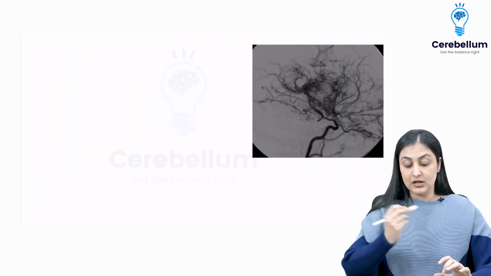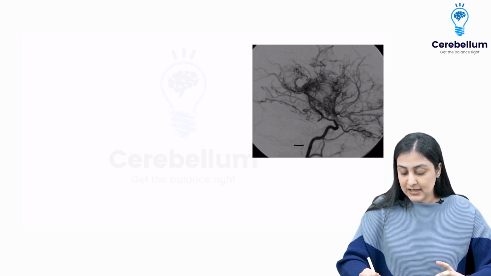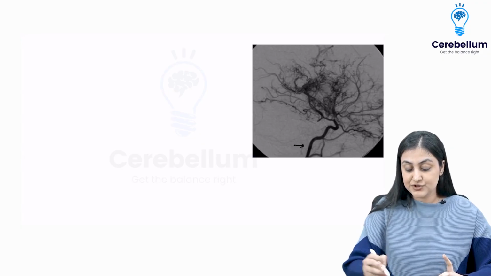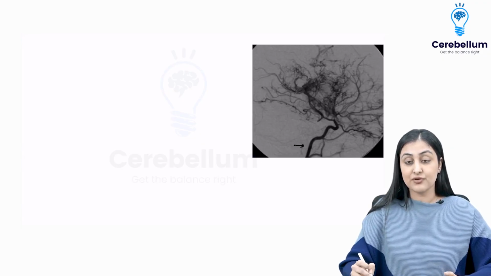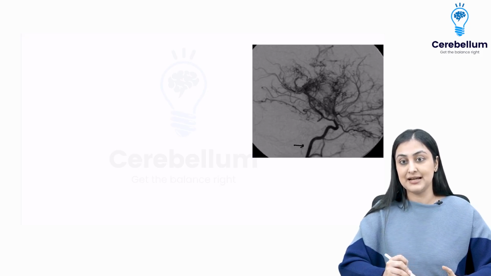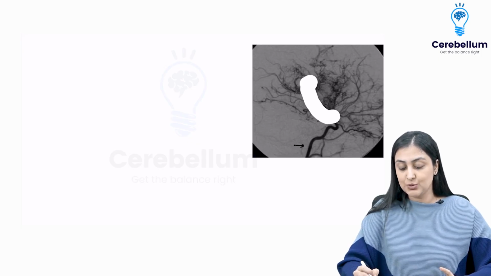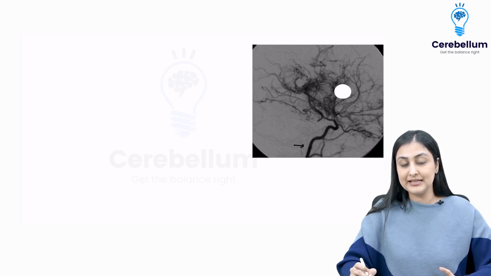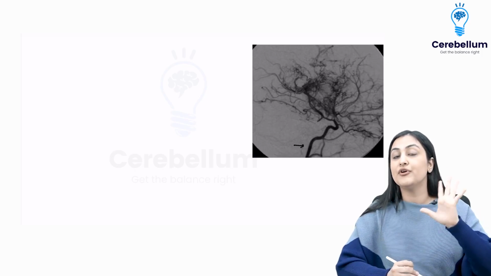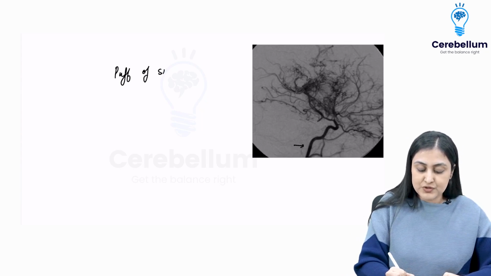Okay. Next, we have a malformation wherein on the DSA you can see this is the ICA, and instead of seeing the proper branches of MCA and ACA above the clinoid part of the ICA, that is, the supraclinoid ICA is narrowed and stenosed, and you have all of these tiny collateral vessels like a puff of smoke. So this is called the puff of smoke appearance that is seen in a disease called Moyamoya disease.